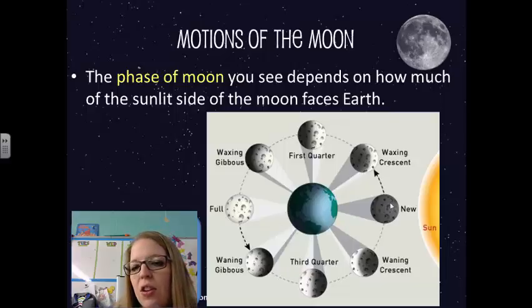If you look over here at the new moon, all the lit side is facing the sun. Over here at the full moon, all the lit side is facing Earth. And then in between is different amounts.